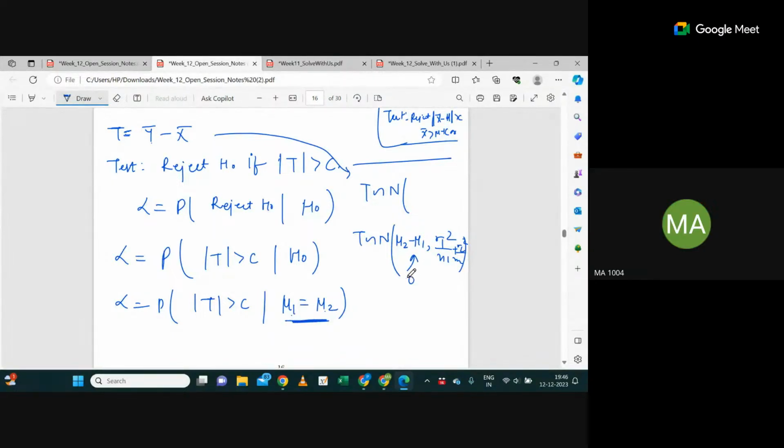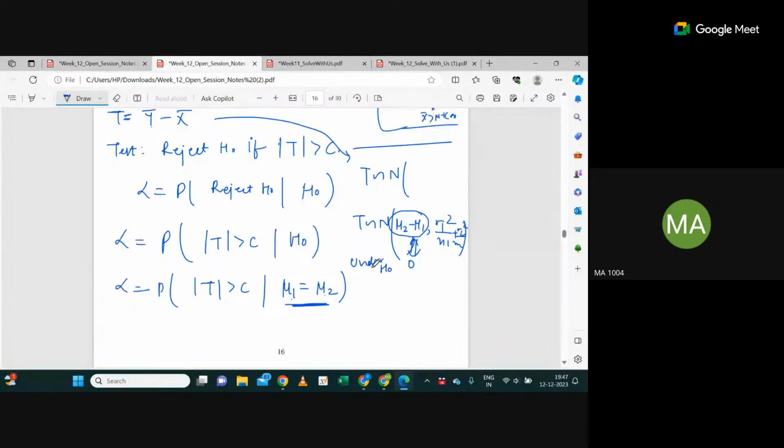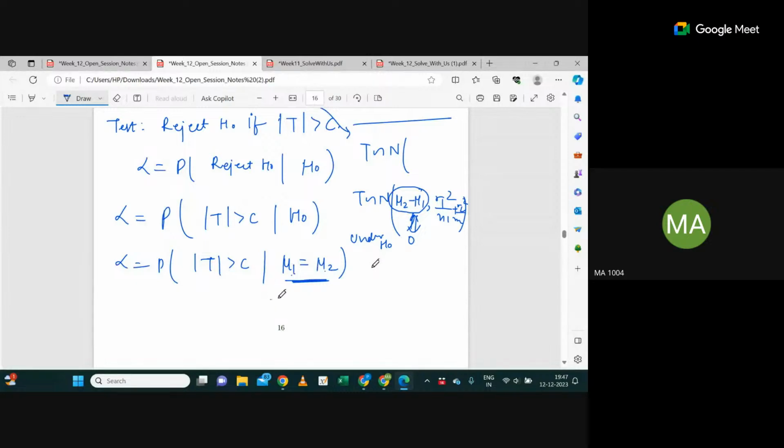That means this part will be 0, because I'm saying mu1 is equal to mu2, then mu2 minus mu1 is 0, right? Are you getting it?